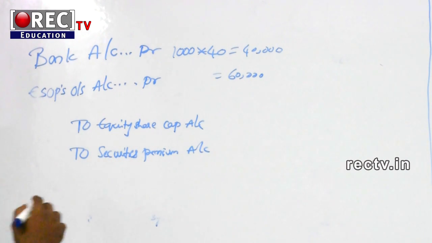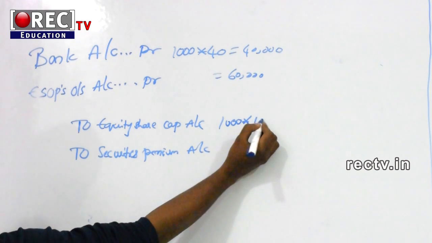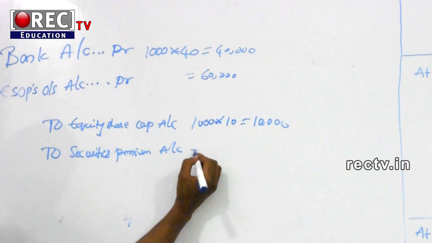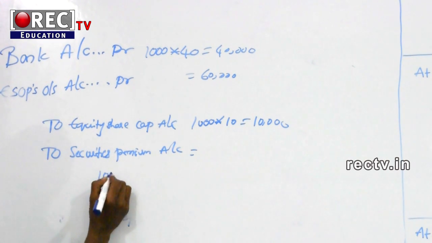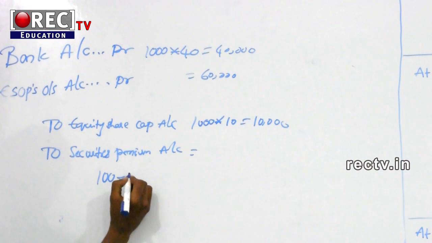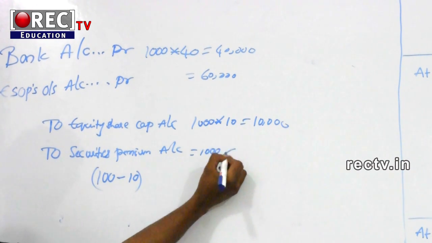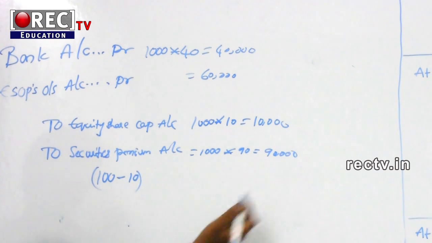The equity share capital account shows 1000 into face value, that is 10. And the last is the securities premium account. Here market price is 100 and the face value is 10, so 1000 into 90. With this we tally our balance sheet.